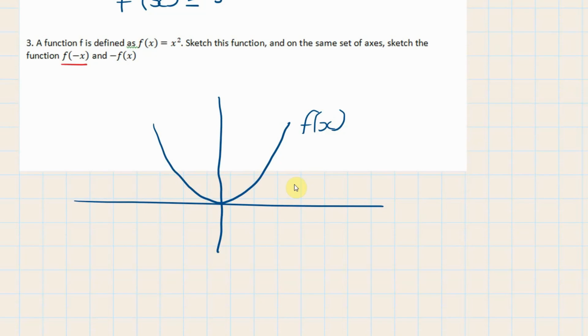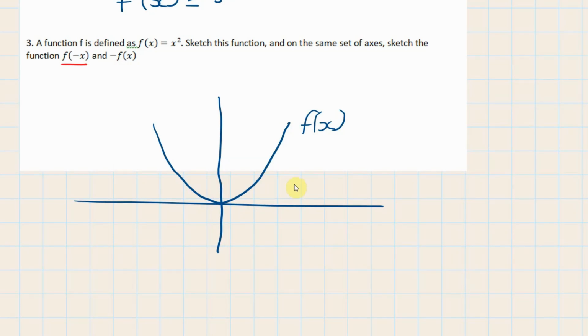And so what you'd find in this particular case is we just get a mirror image like that. Oh, sorry, no you wouldn't. Think carefully. Sorry guys, that is not what you get.